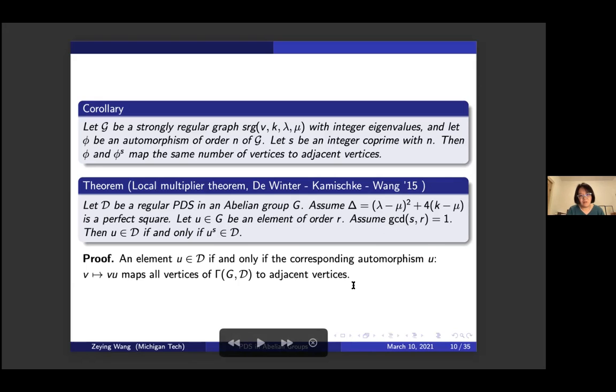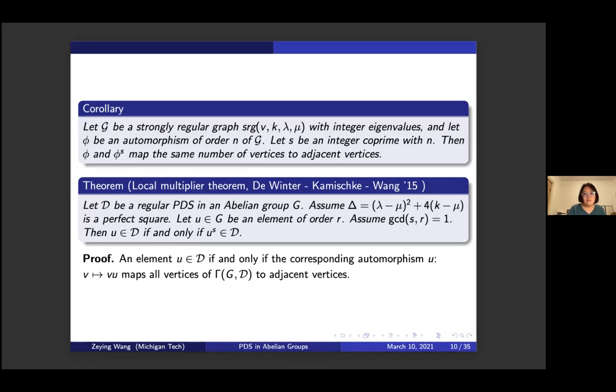And you can easily argue that the element belongs to D if and only if the corresponding automorphism maps all vertices to adjacent vertices, right? The only thing is we need to require the group to be abelian, and then you can have this result. And then it follows from the corollary, and this theorem follows, okay?